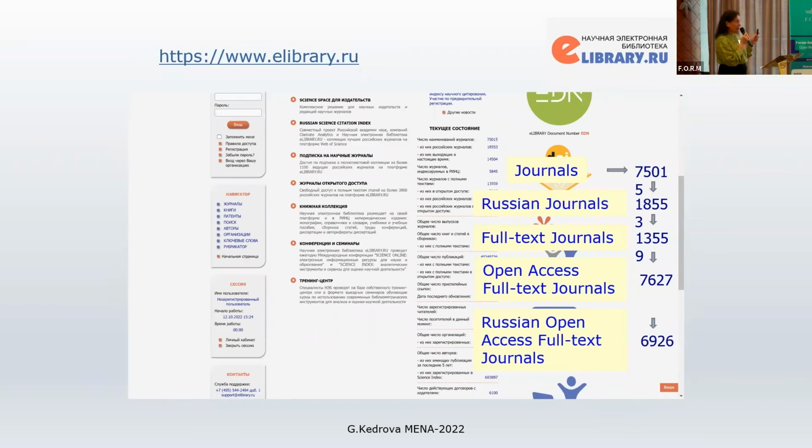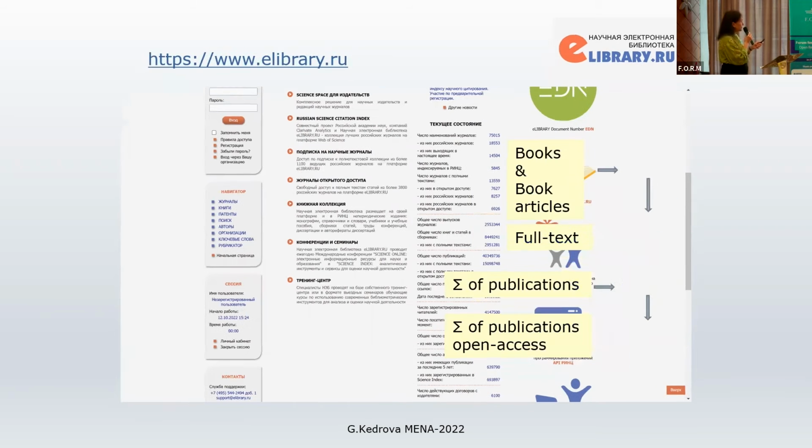And Russian open access full text journals, about 7,000. Most of the open access full text journals in this library are Russian journals. There is also an open repository of books and manuals.